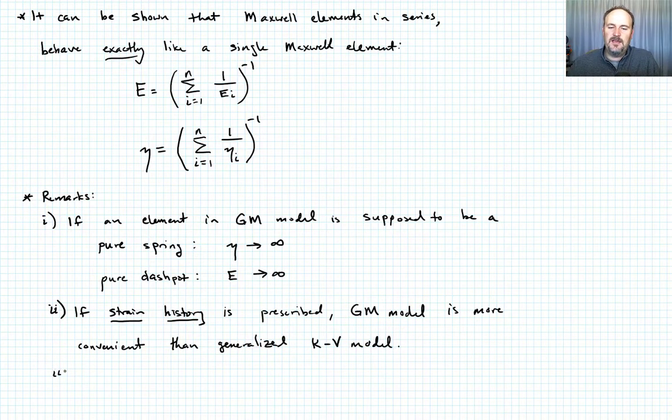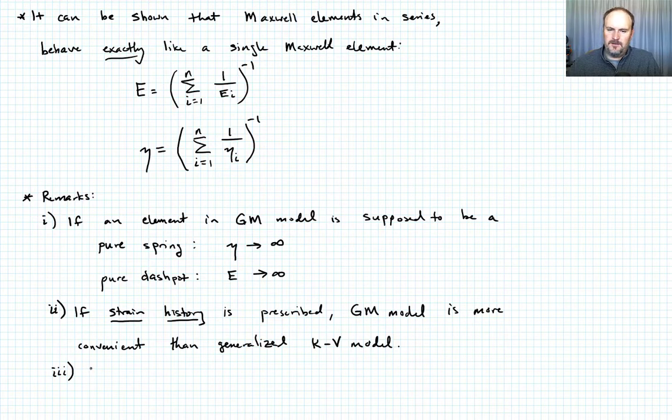And then finally, going back to the reason that we created this generalized Maxwell model, it actually represents real materials better because real materials show a spectrum of relaxation times, and a generalized Maxwell model can better approximate that.